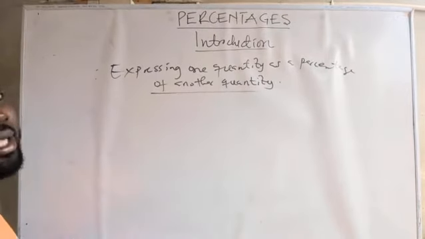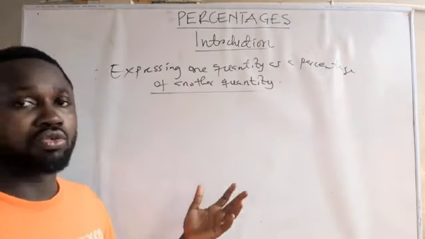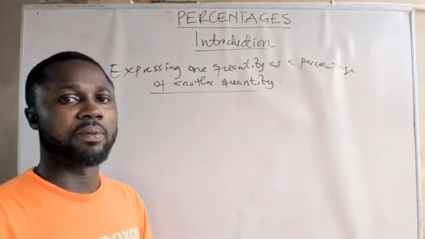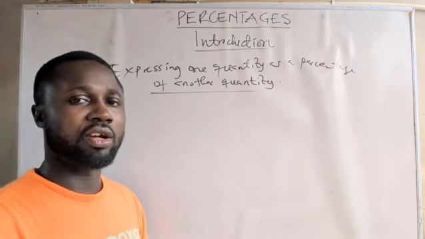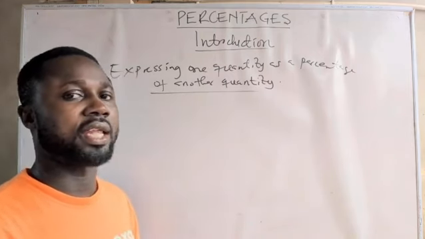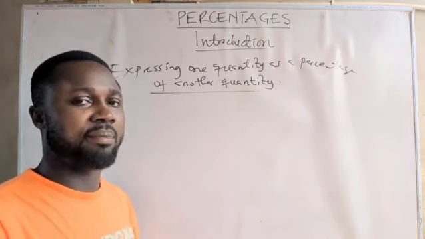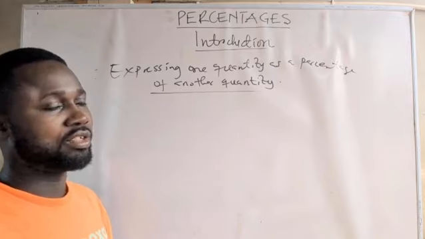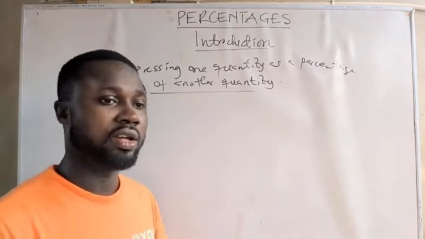Let's say you are in a school, or you are in a class, and in the class you are 50, and out of the 50, 20 are girls. What is the percentage of the 20 girls of the total number of students in the class? So that's why we are expressing one quantity as a percentage of another quantity.